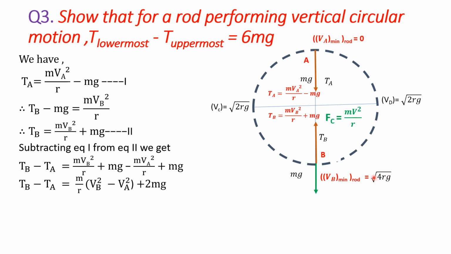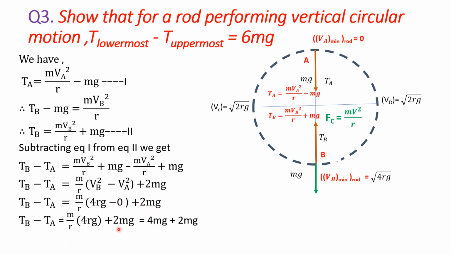The square of the square root of 4rg is nothing but 4rg, and the square of 0 is 0. So just substitute the values of Vb square and Va square in this equation. We can write Tb minus Ta is equal to m upon r into 4rg minus 0 plus 2mg. So rearranging the terms, we can write m upon r into 4rg plus 2mg.